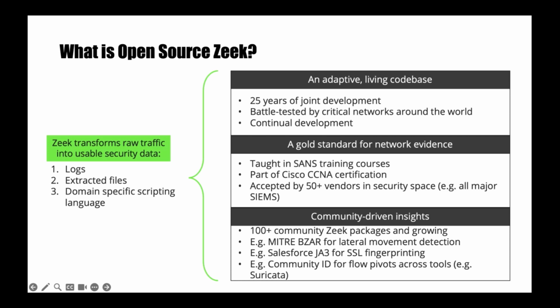And it's been picked up by not only large enterprises and government organizations, but also in SANS training and Cisco certifications, and it's being the gold standard of network data to be ingested by, well, take your pick of SIEM of choice or other security tools that ingest some form of network information.